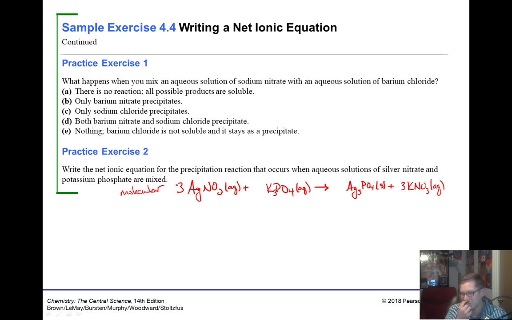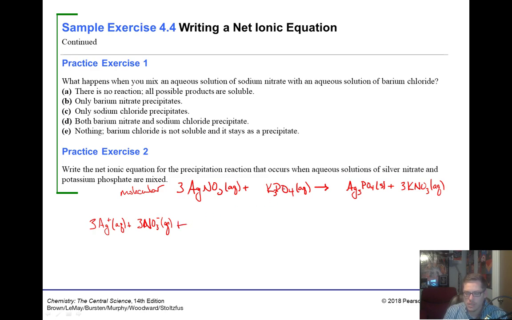All right, we'll just label that. Now we're going to turn this into our complete ionic. So now we're going to rewrite these guys. Everything that's aqueous is going to turn into ions. So this guy's aqueous, so silver nitrate turns into 3 Ag+, aqueous, and 3 NO3-, aqueous.